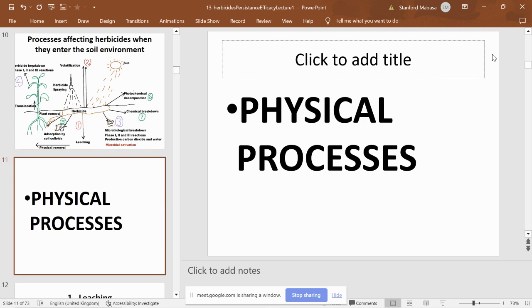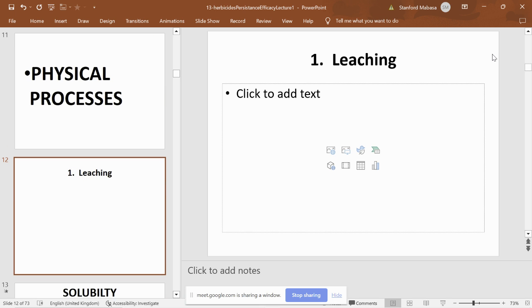In fact, these 7 processes, we can divide them into groups. There are those processes which are physical processes. For example, leaching. It's just a physical process. You apply the herbicide on the soil surface.